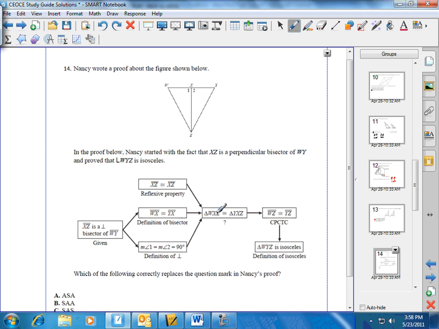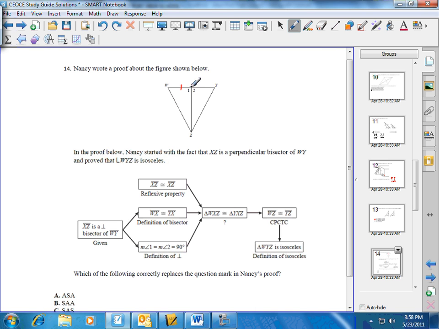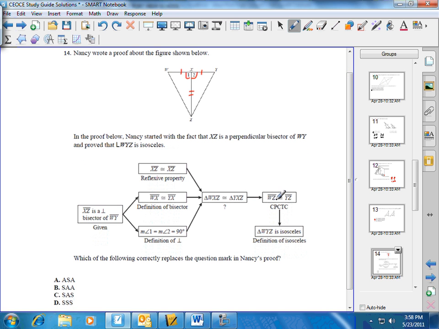So from all that, we can conclude that triangle WXZ is congruent to YXZ. Why is that? There's the question mark. So through all this, we showed that WX is congruent to XY, and then we've got right angles, and then we showed that this side is congruent to itself. So again, we see the side angle side theorem demonstrated here. So that would be C.